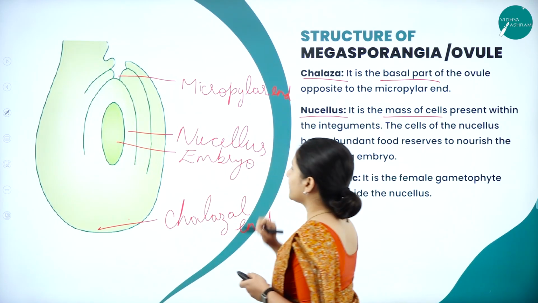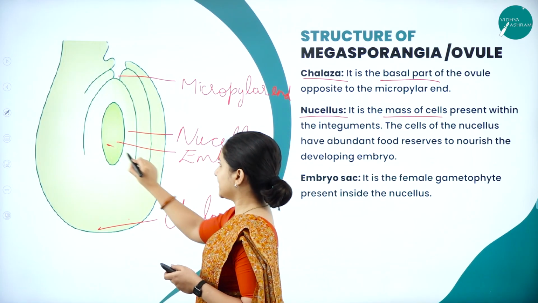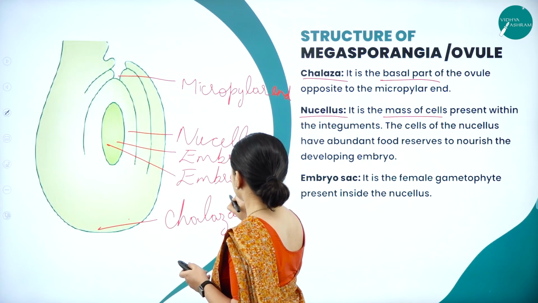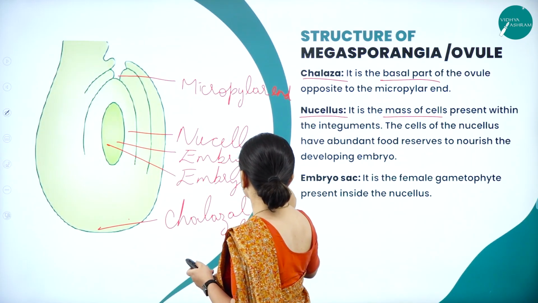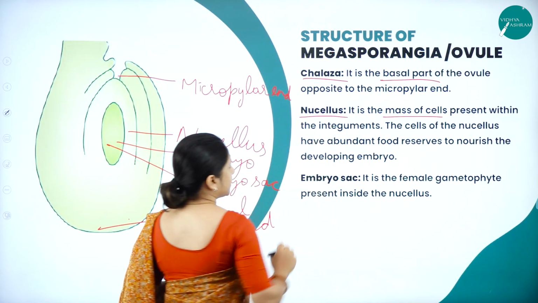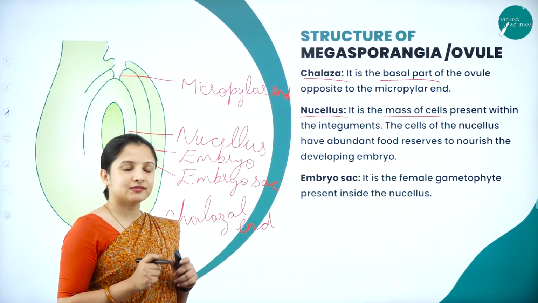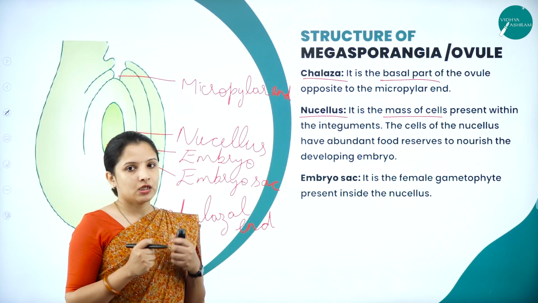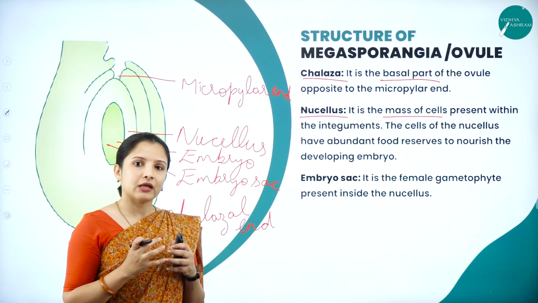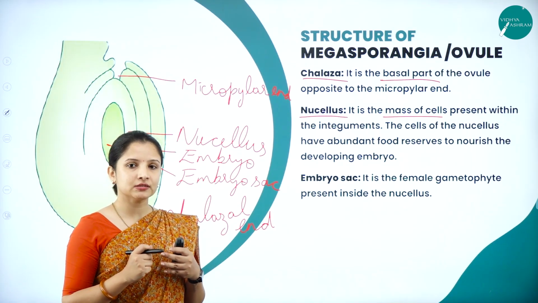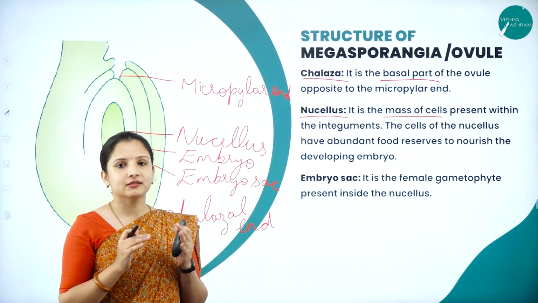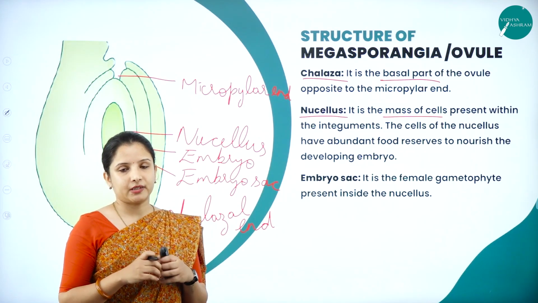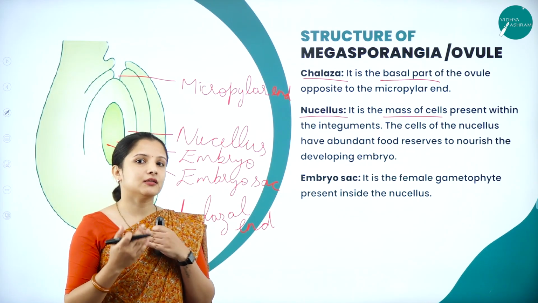So where is this embryo present? It is present inside the embryo sac. So the nucellus is a group of cells present towards the inside of the integuments, and its main function concerns the embryo that develops during the pre-fertilization events, which we'll study in detail in the coming session.